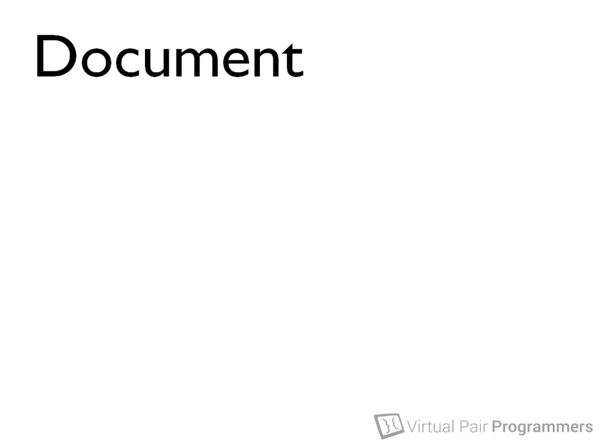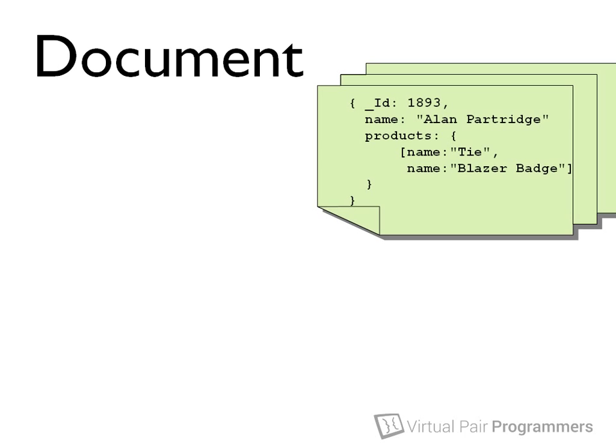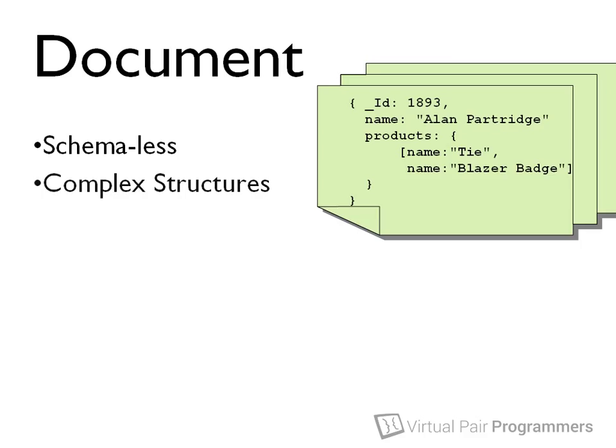The idea behind a document database is you can store a large amount of data, but in what we're calling a schemaless way. And we mean by that each record has its own structure, but no 2 records need to follow the same structure.